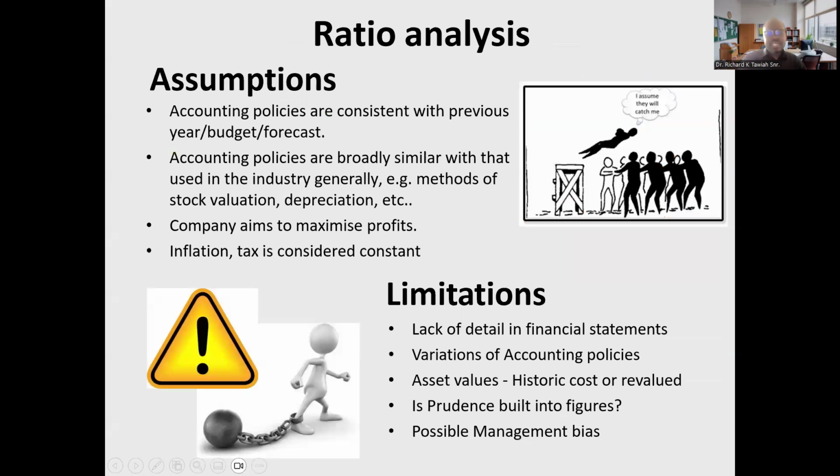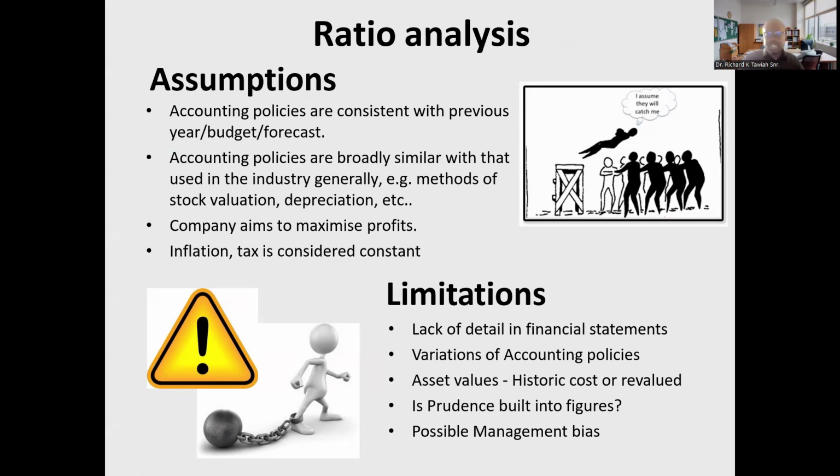In ratio analysis, there are some assumptions. There are some limitations as well. The assumption is that accounting policies are consistent across each year, but it's not true. We sometimes change the policies. If you look at the notes to the accounts, they will tell you this has changed. The policy has changed, okay? We also think that the accounting policies are broadly similar to those of other players in the industry. No, somebody may be using a different depreciation method.